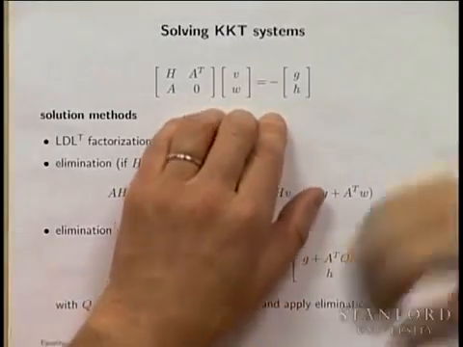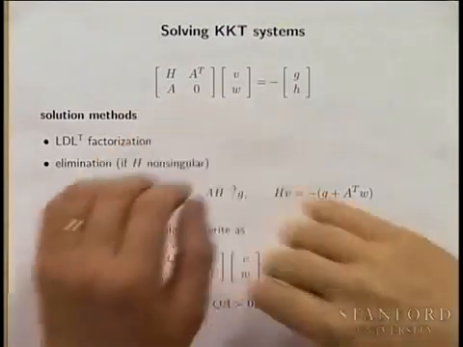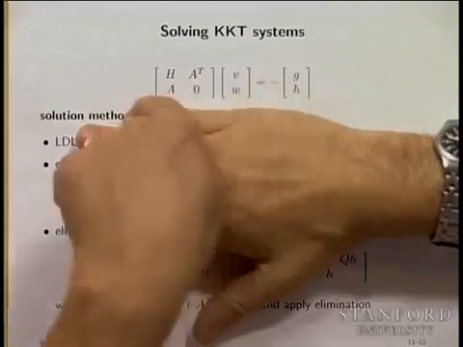Okay, let's talk about solving KKT systems. This is very important because, well, a lot of people don't seem to know it. To solve a KKT system, for the infeasible start Newton method or for standard Newton method with equality constraints, you have to solve a system of equations that looks like that.